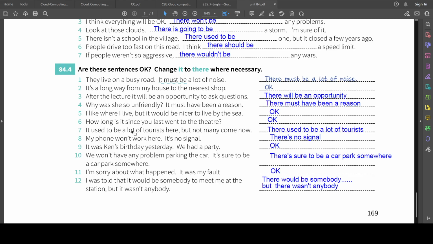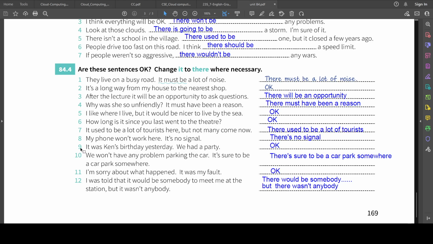We're talking about that there used to be a lot of tourists. So in the past. The next one. My phone won't work here. There's no signal. So the correct answer is there's no signal, because we're talking about the existence.